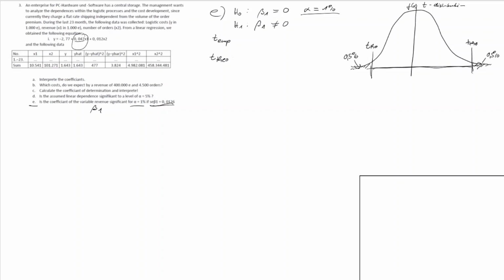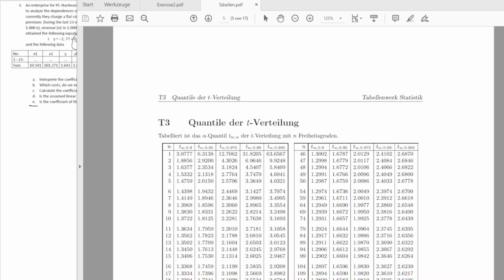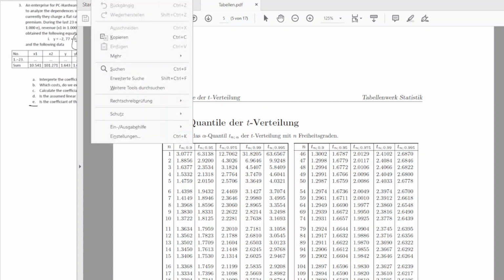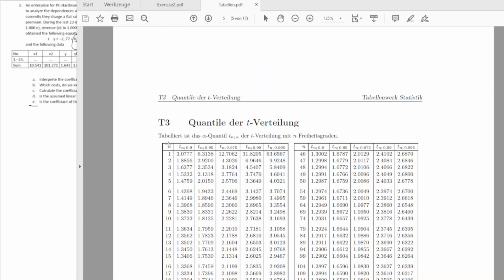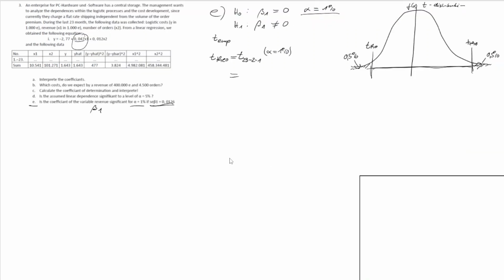So this would be then t of 23 minus 2 minus 1 for alpha equals 1%, and this is then 20. So we are here down here at 2.8453.